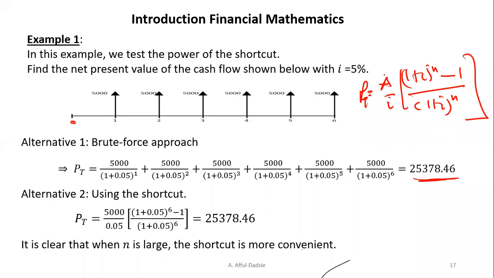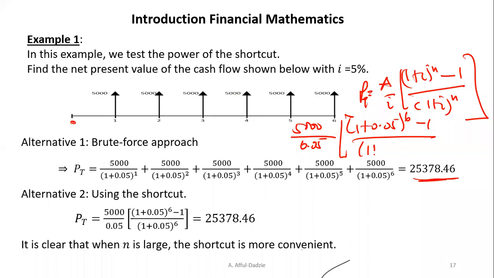A is that uniform amount, what we call an annuity, which we represent as 5,000 here. It's 5,000 that keeps coming, over the interest, which is 0.05. Then we open our parentheses: 1 plus 0.05 to the power, how many years are we looking at? 6 years. All minus 1, all over 1 plus 0.05 to the power 6.